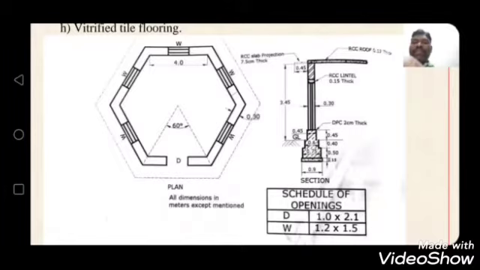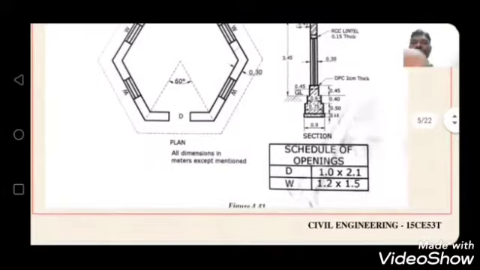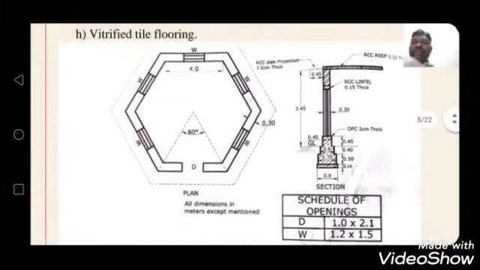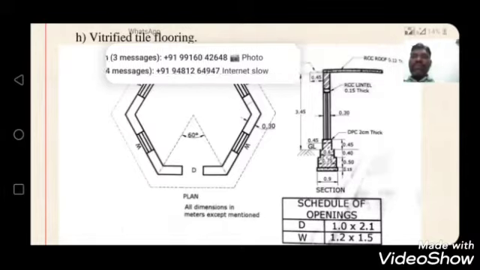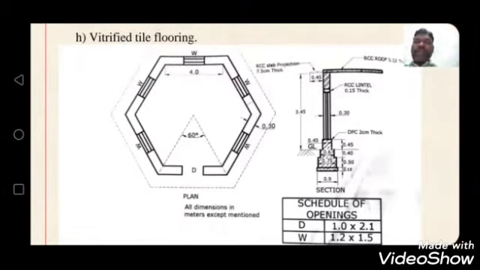And the basement height is 0.45 meter. Total roof height is 3 meter.